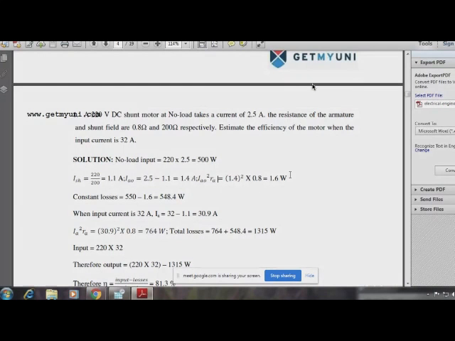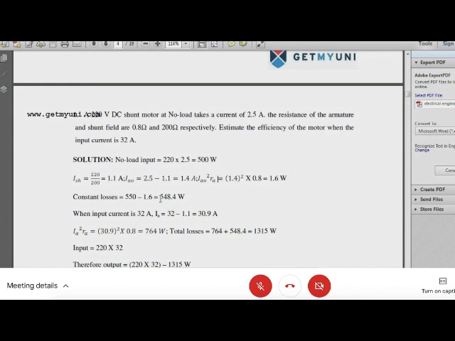The machine, it's a shunt motor, is running on no load. And in this 550 watt, if I subtract 1.6 watt, which goes for the armature copper loss, the remaining is the constant loss. It's fine? Yes, sir.